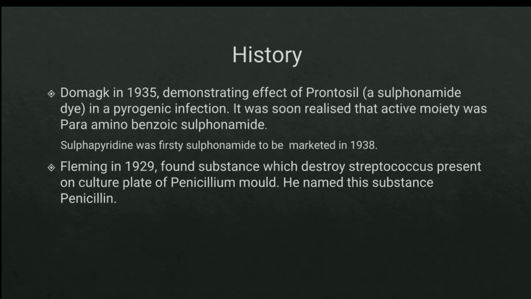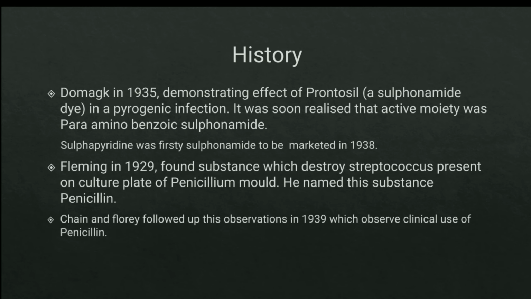He named this substance penicillin, and after that, Chain and Florey followed up this observation in 1939. So after 10 years, Fleming's experiment was continued by Chain and Florey, and they observed the clinical use of penicillin.